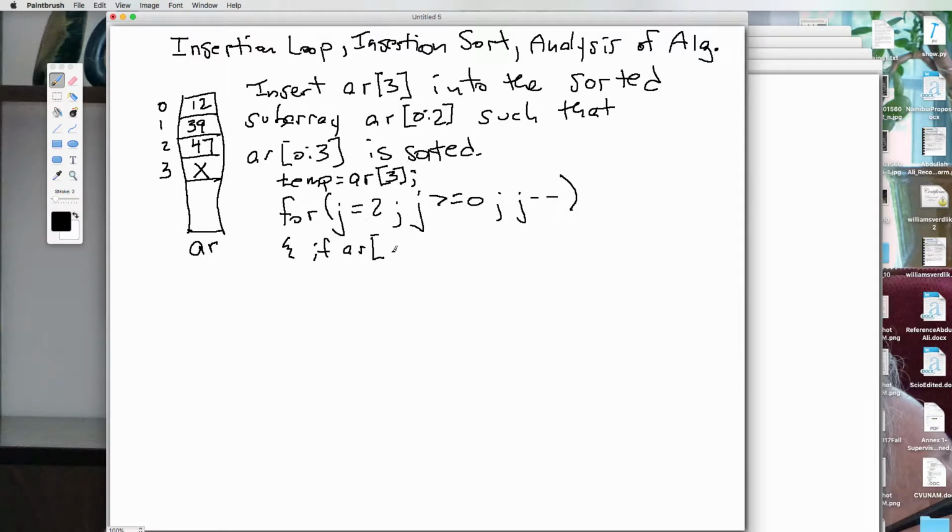Then we said if AR of j is greater than temp, break. Is that correct? Did we say if AR of j is greater than? I think that's incorrect. I think we wanted this the other way around.